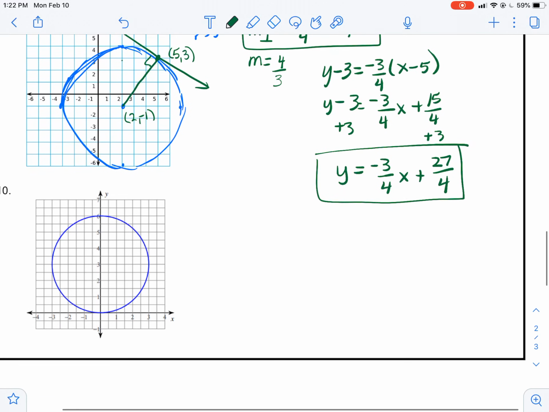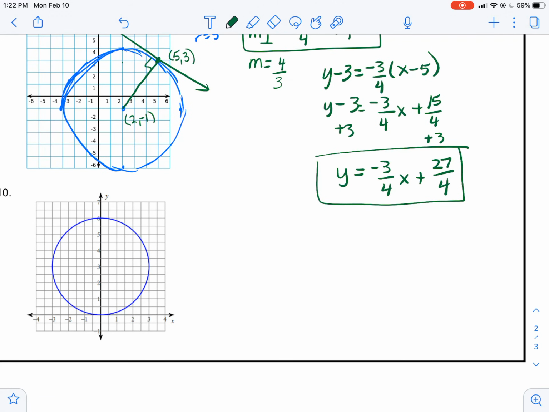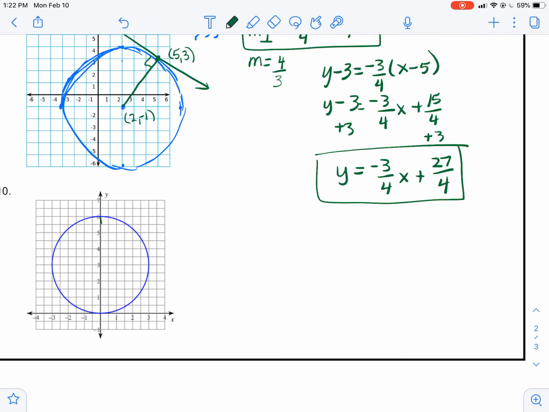And the very last one that we're going to do. You're given a circle, and you just need to write an equation. So from my picture, I need to find my center and my radius. So I'm going to do from 0 to 6. So I'm going to call this my diameter. 0 to 6, that means my center is right here. So my center is at (0, 3).